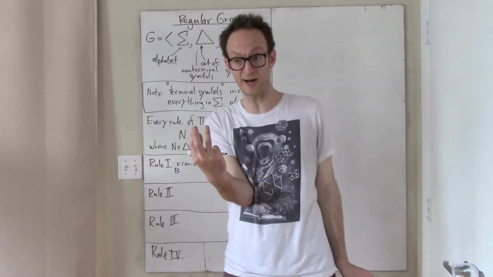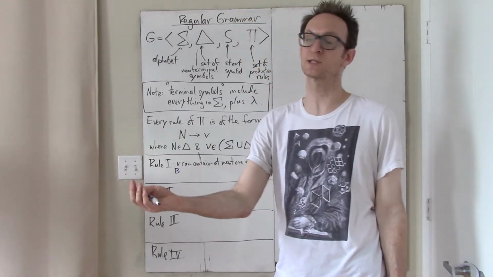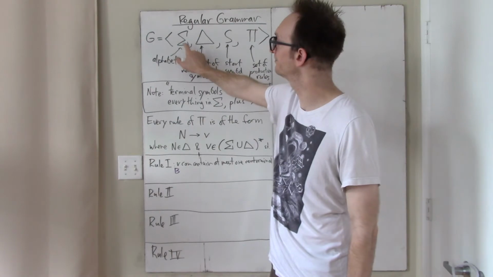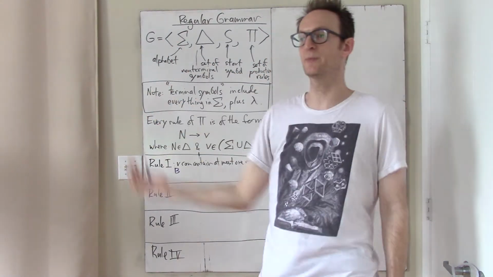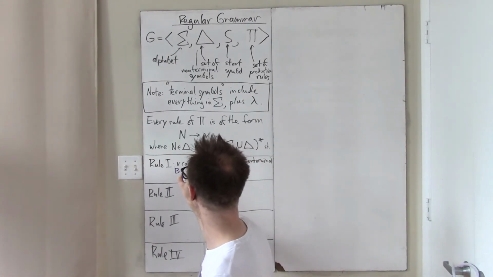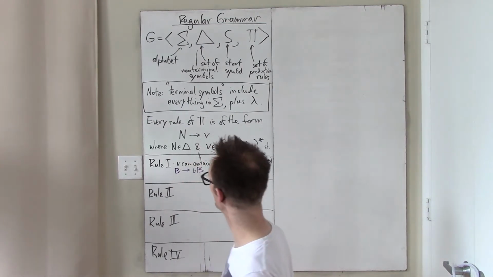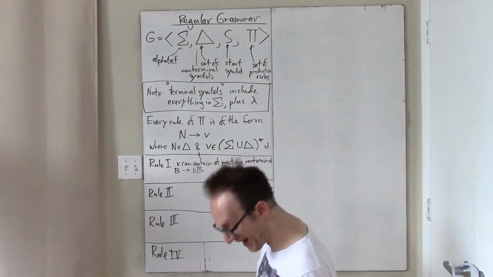These are the theoretical devices that we've created. And to use lowercase letters for the characters of the alphabet, the terminal symbols, the elements of the target language. Okay, so one rule might go like this. B goes to BB. That is an example of a valid production rule which respects rule 1.